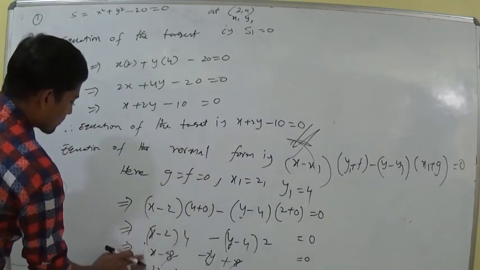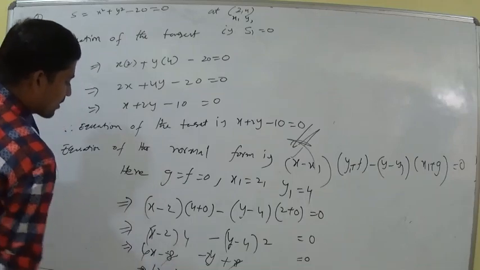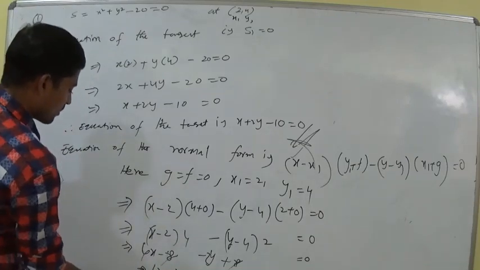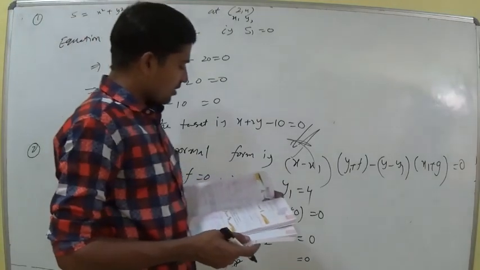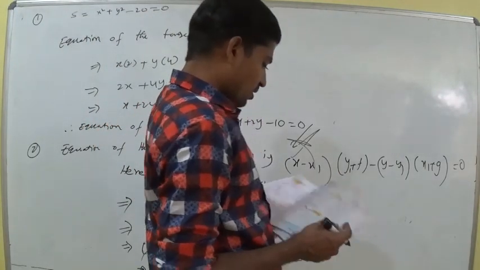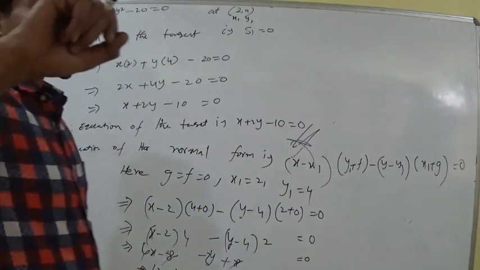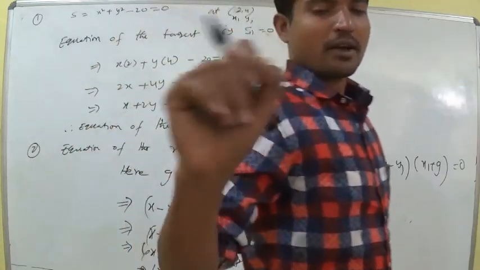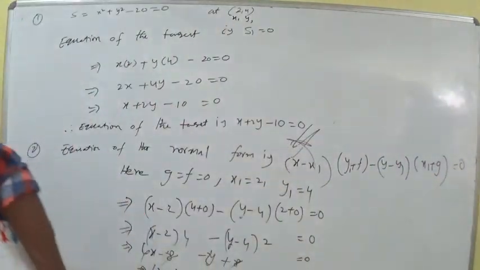This 4x - 2y = 0, which becomes 2x - y = 0. 2x - y = 0 is the correct answer, right? This is the normal form of an equation when the circle and point are given. Now next one, the third one.